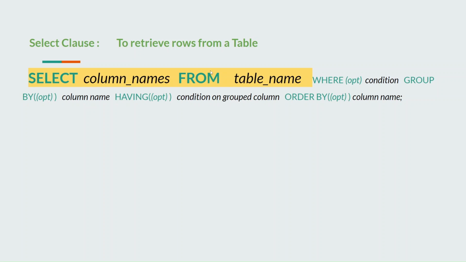I have highlighted this in yellow because select and from are the mandatory parts of the select statement, and whatever follows is optional. I'll talk about them later in the practical demonstration of how we use the where, group by, having and order by clauses, but for now, let's think of it as just to display the column or record values of a table, we issue a select command where we specify the column name from a particular table name.